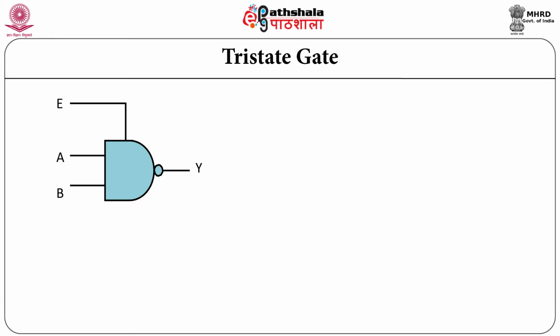The high impedance state is controlled by an external enable input. The enable input decides whether the gate is active or in the high impedance state. When active, it can be either in 0 or 1 depending upon the input conditions.